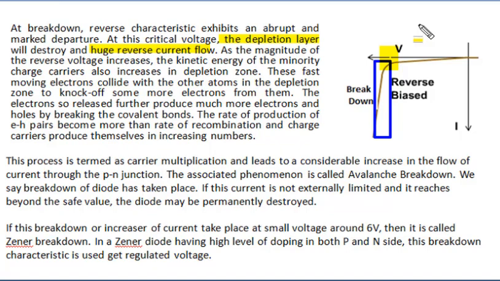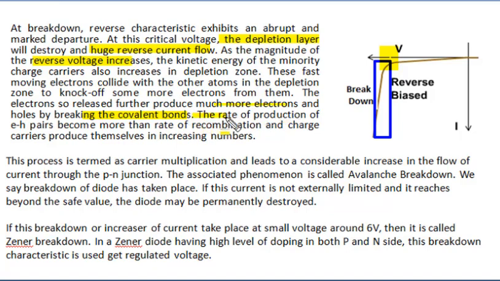When we increase this reverse voltage, the minority carriers' kinetic energy will increase in such a manner that they will collide with another electron, knock that electron down and produce furthermore electrons. So by breaking these covalent bonds, more electrons will be produced.